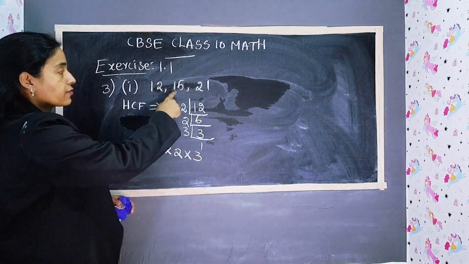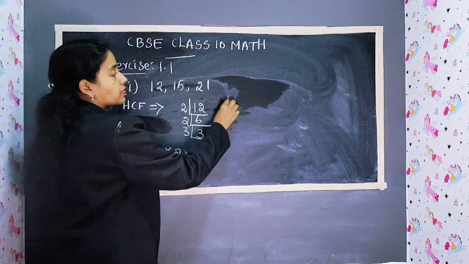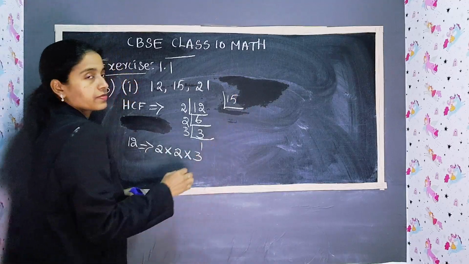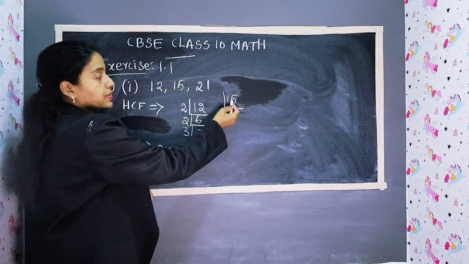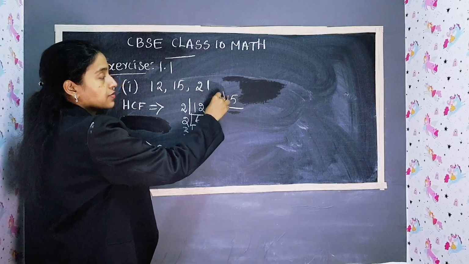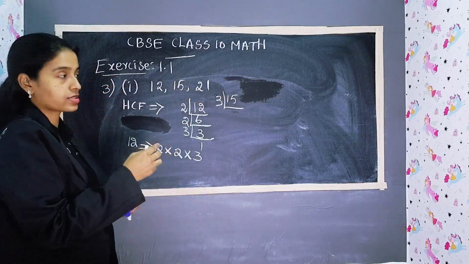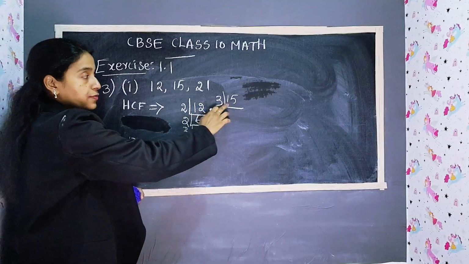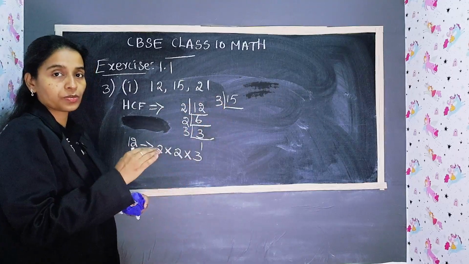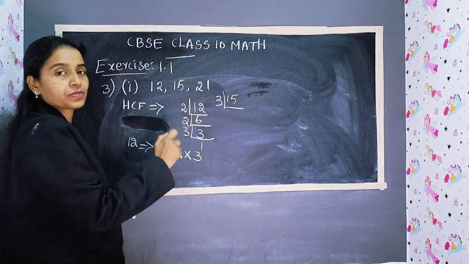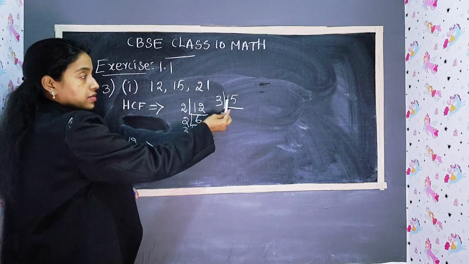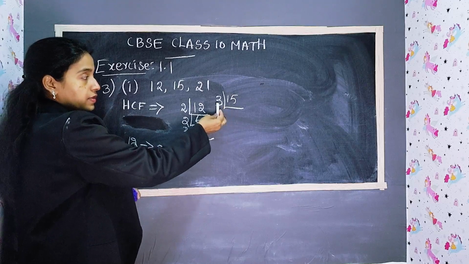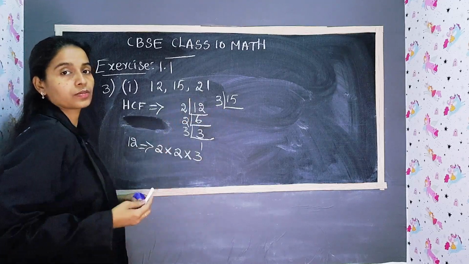Right? And then 15. For 15, we need to find out the prime factors again. For 15, I can take 3 first. 2 is the smallest prime factor, but this 15 cannot be divided by 2 completely, so I am taking 3. This 15 will get divided by 3 completely.